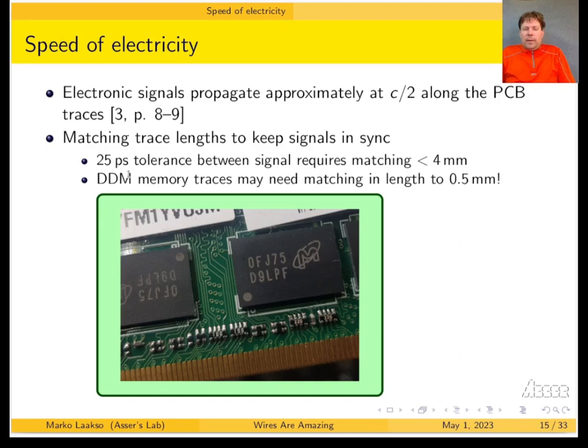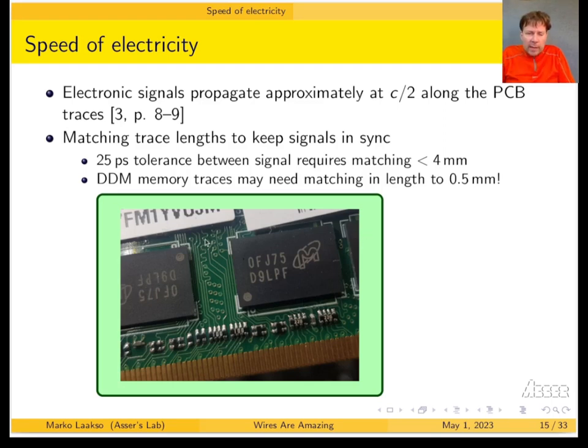For instance, 25 picoseconds tolerance between signals requires matching below 4 millimeters, and that's something that you will face in contemporary systems. For some DDR memory traces, you may need to match length to even 0.5 millimeters, so half a millimeter differences may distort your signal.